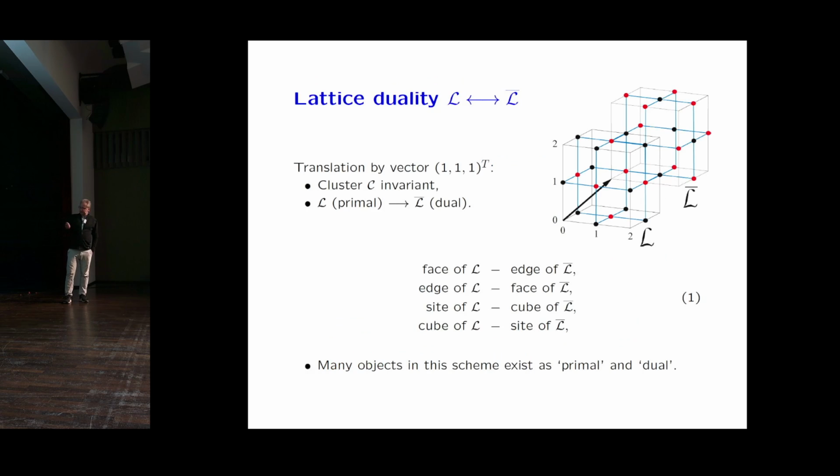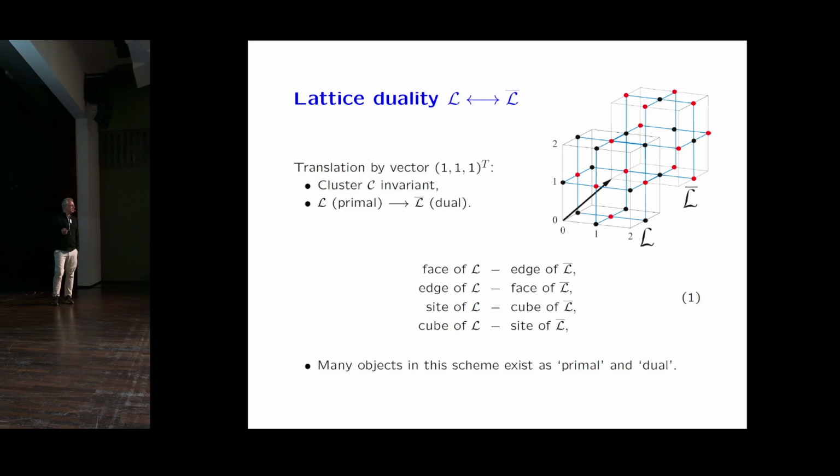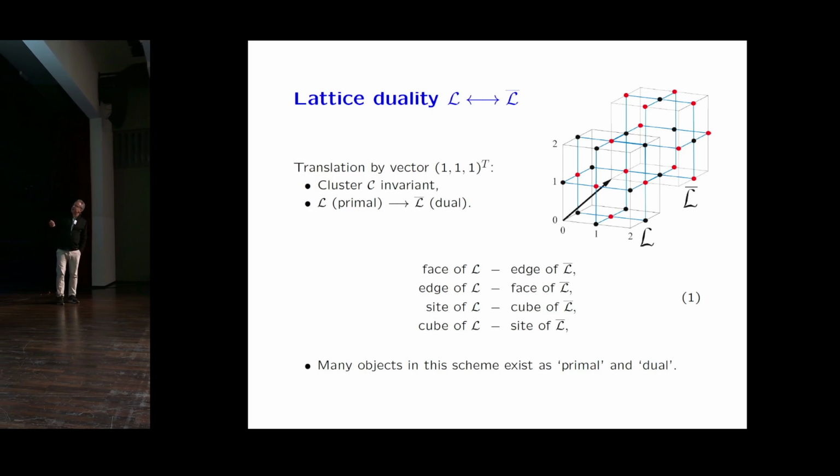Okay. And just maybe a little bit of a mathematical comment here, but it will come up later. There is a lattice duality in this setting. The cell tiled arbitrarily often in all 3 directions gives you the total cluster. Now you can think of translating this lattice cell by half a cell in all of these 3 directions. And what happens then is that the cluster actually maps to itself.